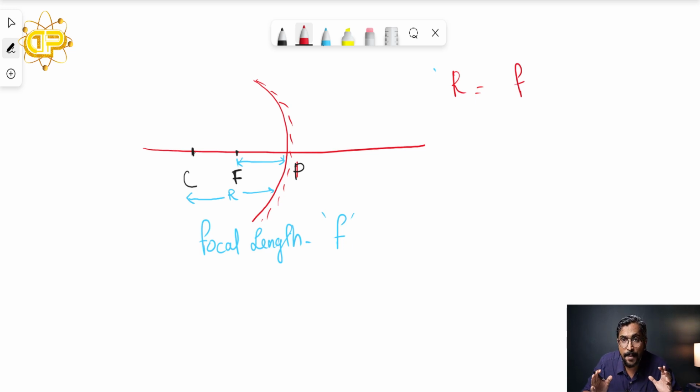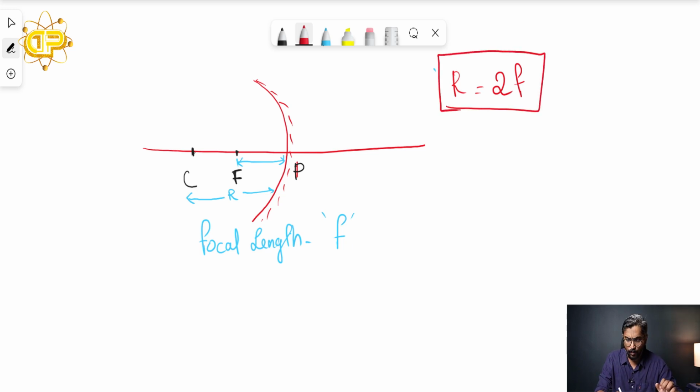And in the case of the mirrors which we are considering, there is one particular relation: 2 times the focal length is equal to the radius of curvature. Very important relation. That is, radius of curvature will be 2 times the focal length, or otherwise if you are given the radius of curvature, then the focal length is equal to R by 2.